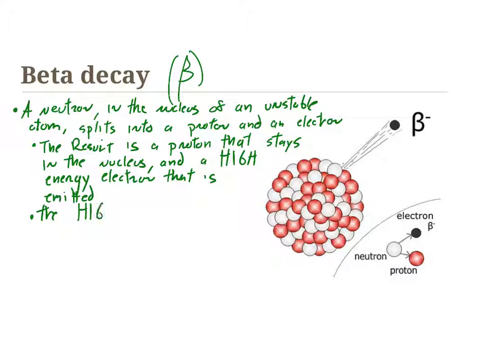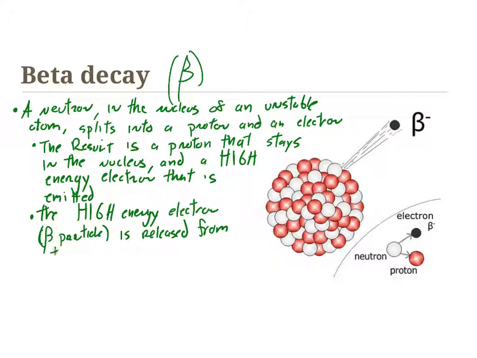The high energy electron, which we're going to refer to as the beta particle, is released or given off from the nucleus. The beta particle is negatively charged.